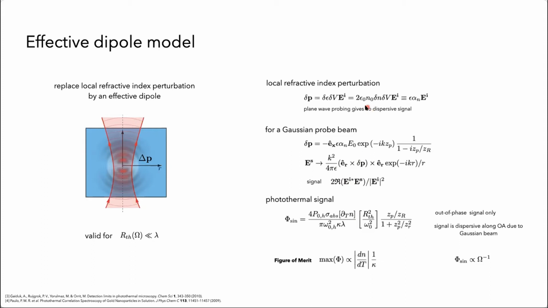So at some point in between, you might be tempted to say this dipole is proportional to the refractive index of the medium times the perturbation, but it turns out that if you write it in this way, the alpha n is proportional to 1 over the refractive index of the medium. And so the n0 here doesn't play any kind of role, but what you find is that the figure of merit of the photothermal detection at the end is the thermorefractive coefficient multiplied with 1 over kappa.